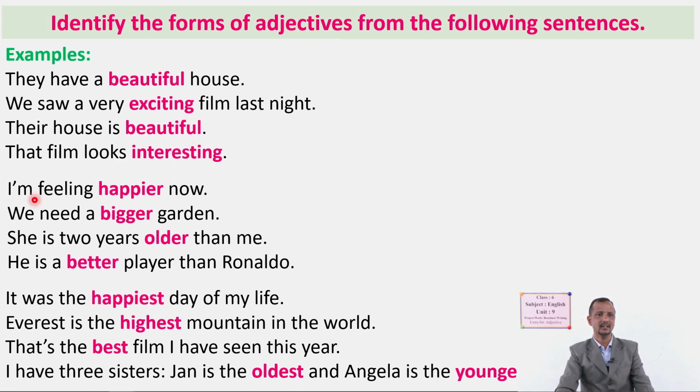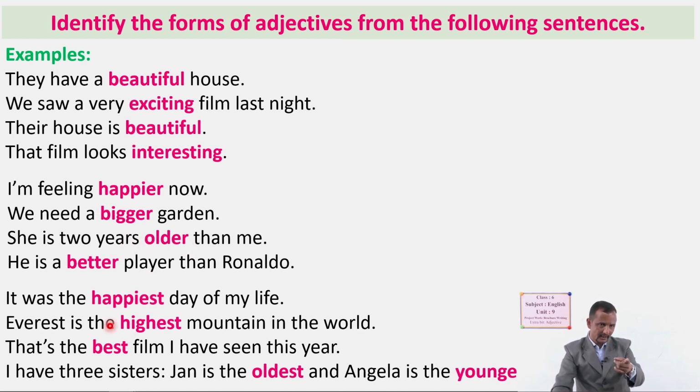Now from here: I am feeling happier now. Happier. What is the difference between happy and happier? Similarly, we need a bigger garden, not a smaller one. Bigger garden. And she is 2 years older than me. What is that?